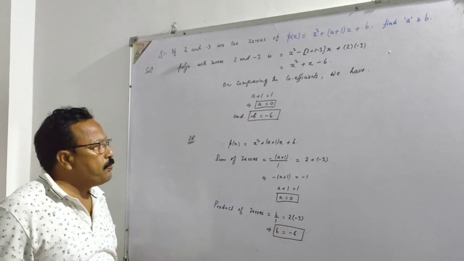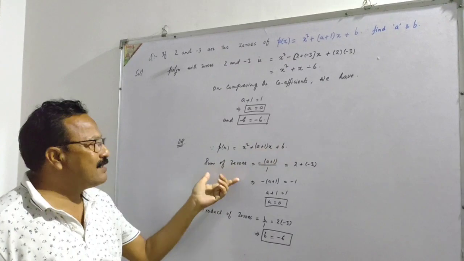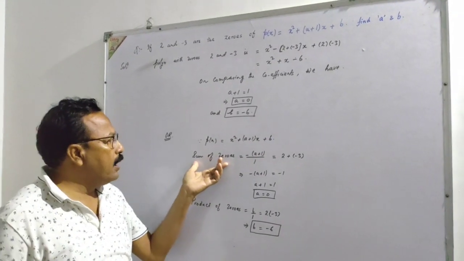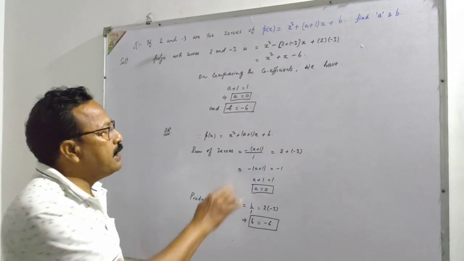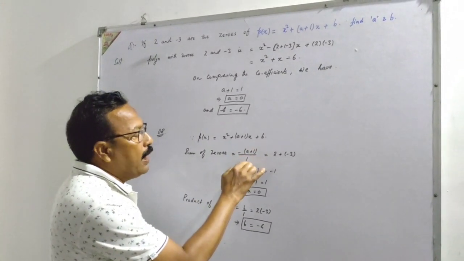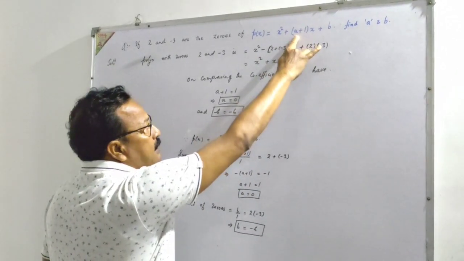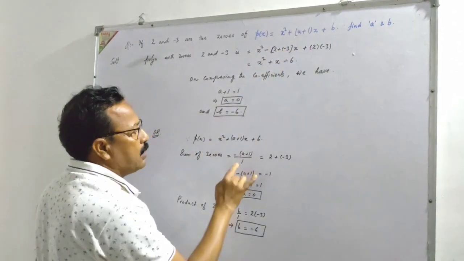Now have a look at the next method. Since Px equals this, the sum of the zeros equals minus coefficient of x by coefficient of x square. The coefficient of x here is a plus 1 and the coefficient of x square is 1.